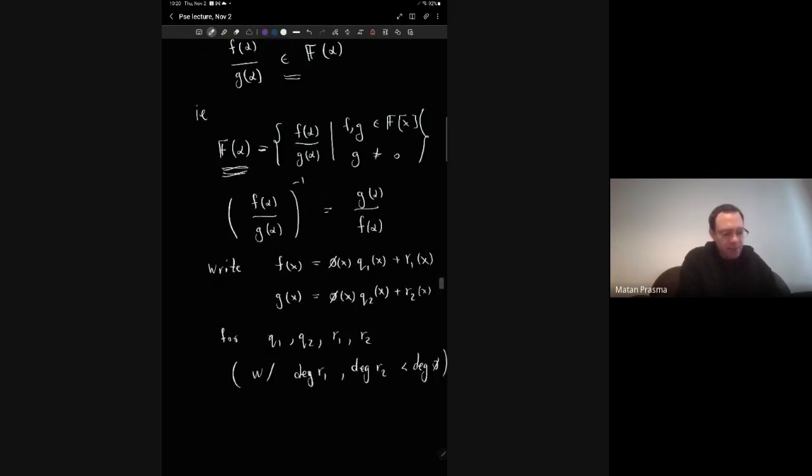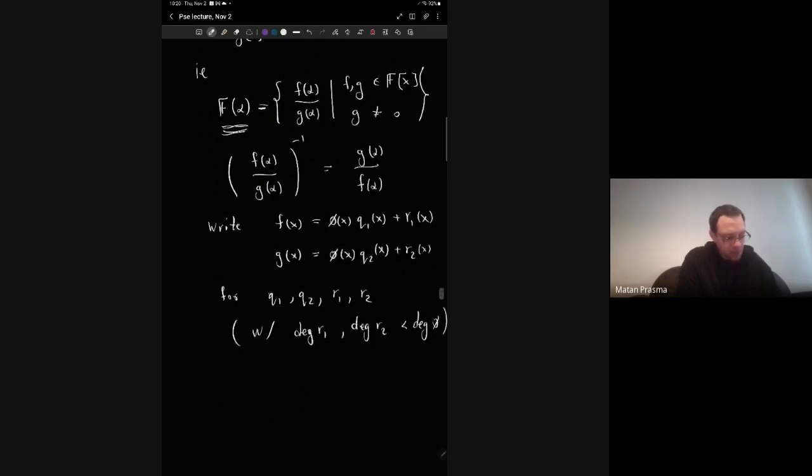Now I substitute alpha in this decomposition. Phi of alpha is 0. So I get that f of alpha is r1 of alpha, and g of alpha is r2 of alpha.